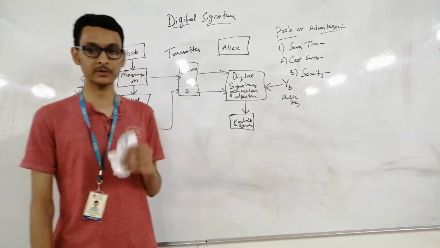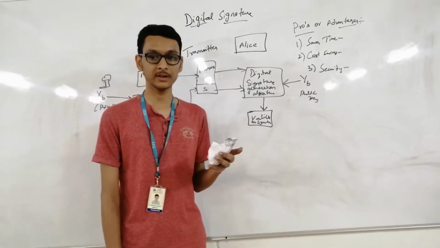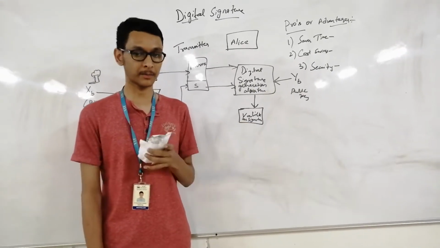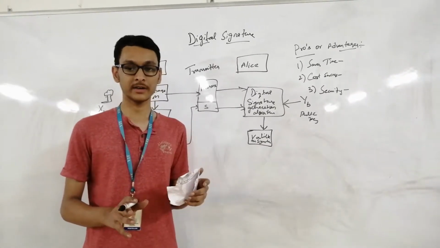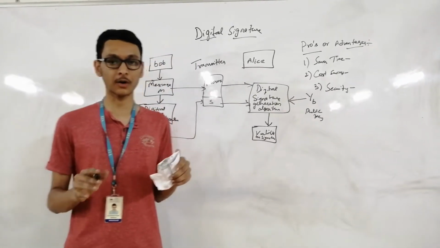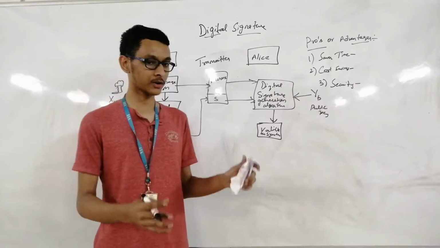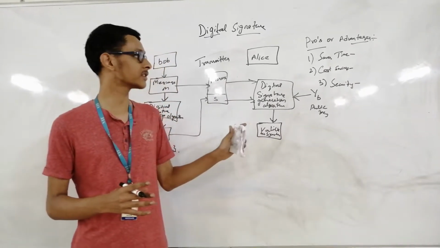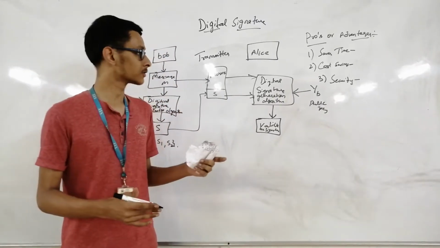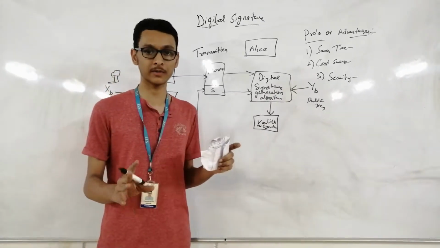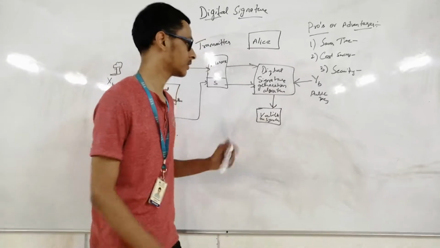When it comes to security, authenticity and integrity are a priority. So digital signatures always reduce the risk of duplication. A document with a digital signature cannot be duplicated or altered. So it prevents the original document from being duplicated. That's an advantage.